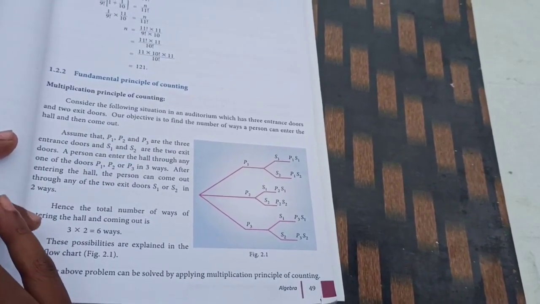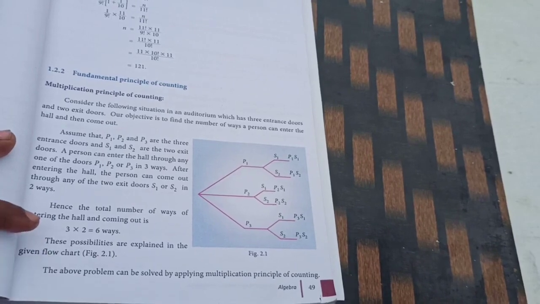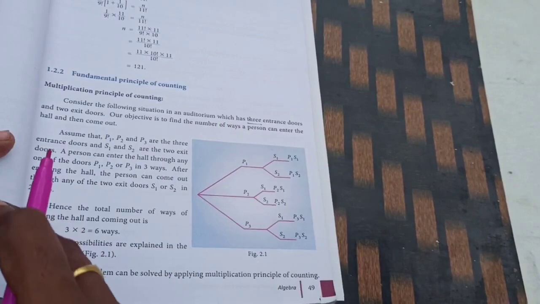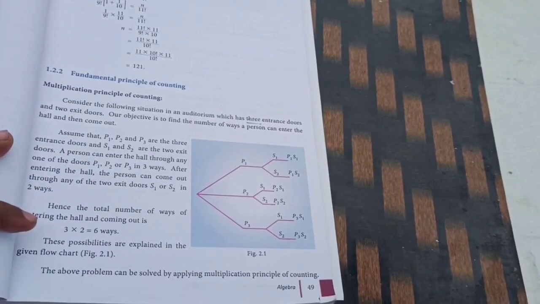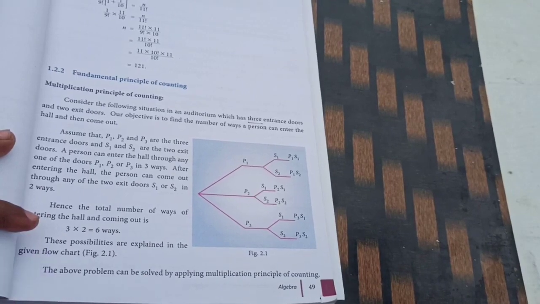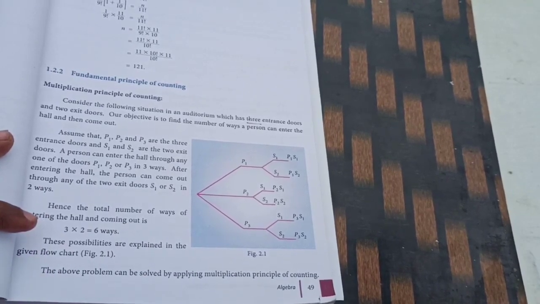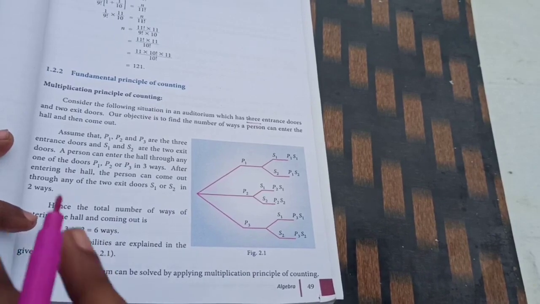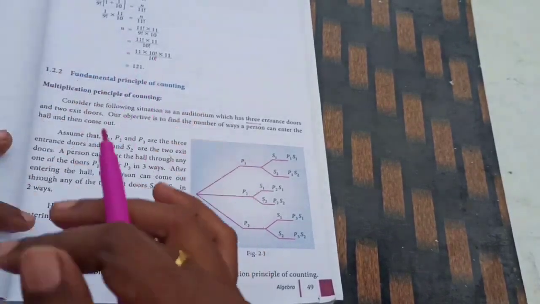So how many entrance doors are there? 3 entrance doors. In an auditorium 3 entrance doors are there, exit doors only 2. What we need to find is the number of ways a person can enter the hall and come out. So if we need to enter into the hall, how many ways are there?